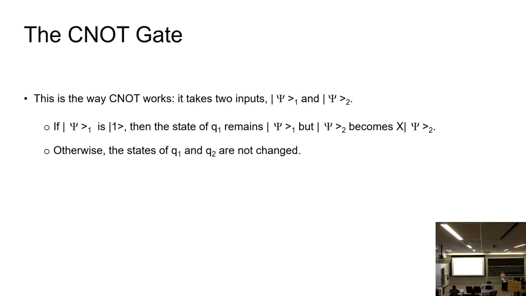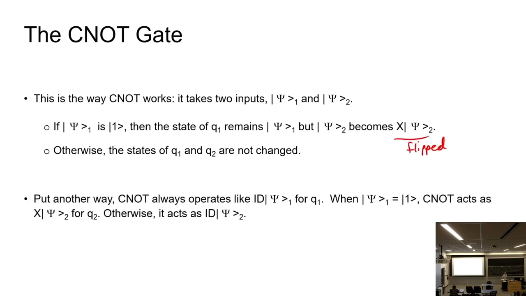Otherwise, the states of Q1 and Q2 are not changed. So to put this another way, the CNOT gate operates like an identity gate for psi1, for qubit 1. And when psi1 is equal to 1, the CNOT gate acts as an X gate for psi2, for qubit 2.